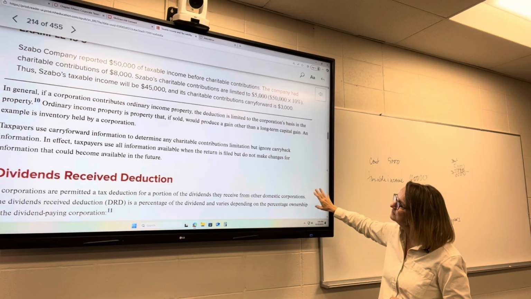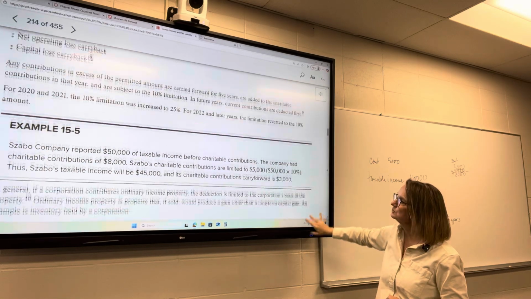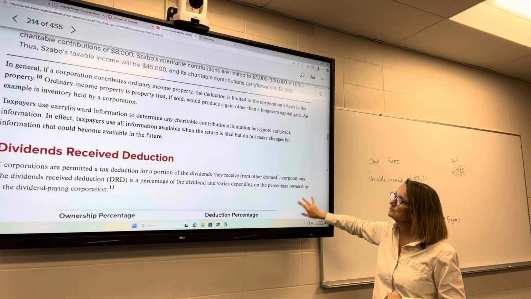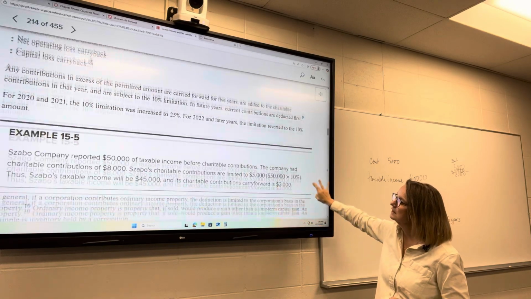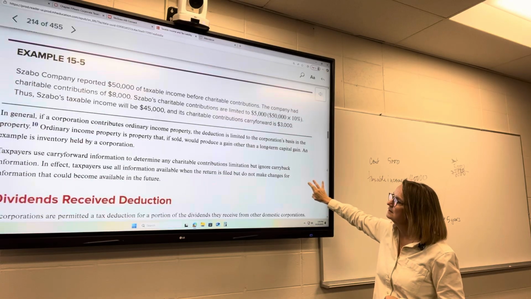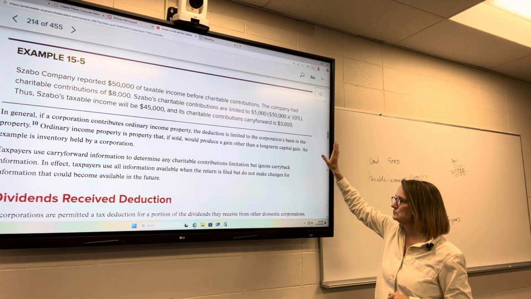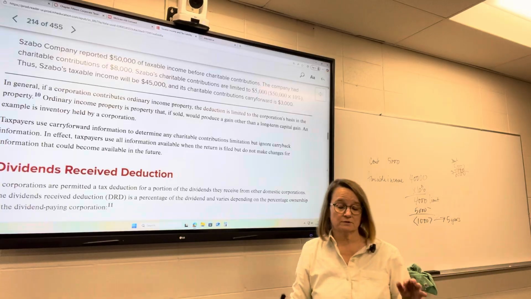Forward, but ignore carryback. I'm really not sure what that sentence means. I'm sorry. It's not related to that. Maybe it's regarding the ordinary income amount. Anyway, sorry.